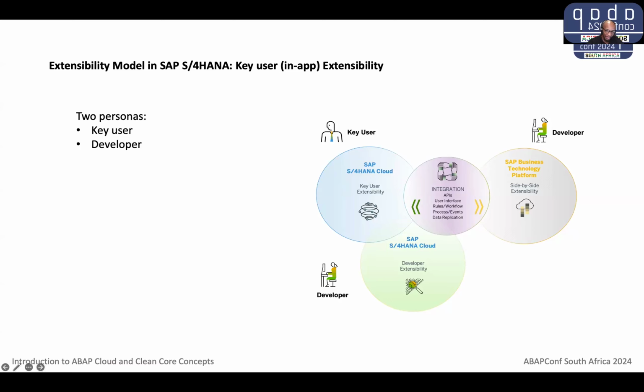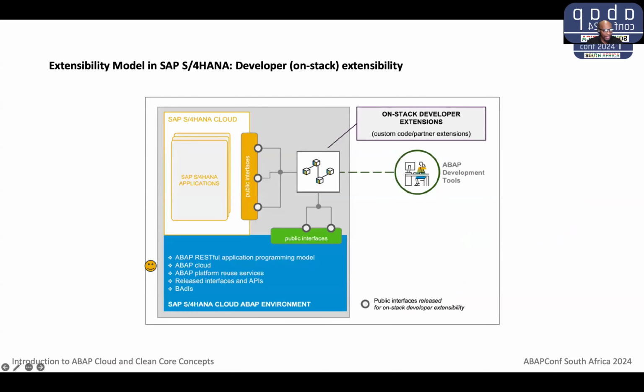So this talks to in-app extensibility. These are the extensions that you do within your S/4 system, basically. And then next to that, you have the ABAP side of things, which is your on-stack extensibility within your S/4 system as well. This is basically when you have your Steampunk instance running within your S/4HANA system, and you have access to proper ABAP development there, but obviously using ABAP Cloud.